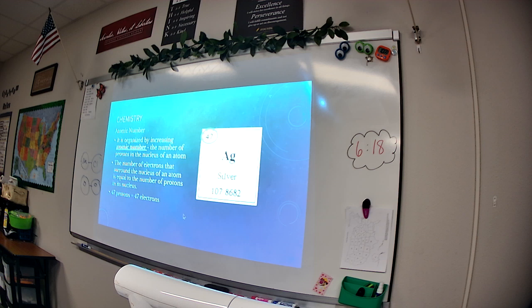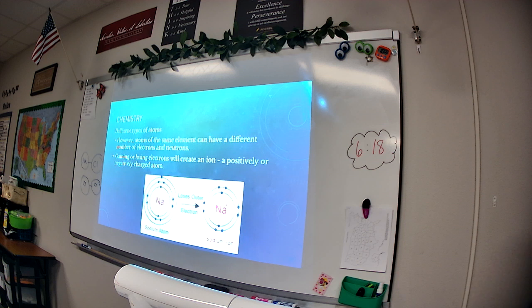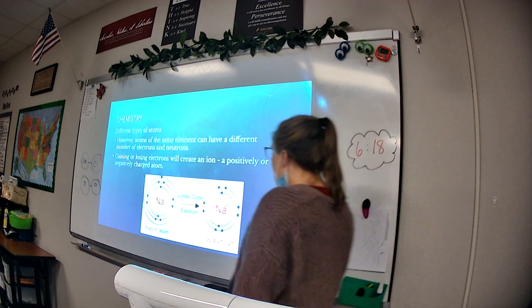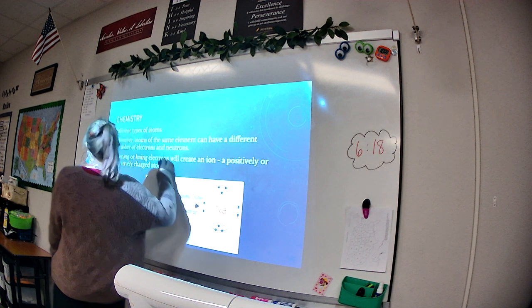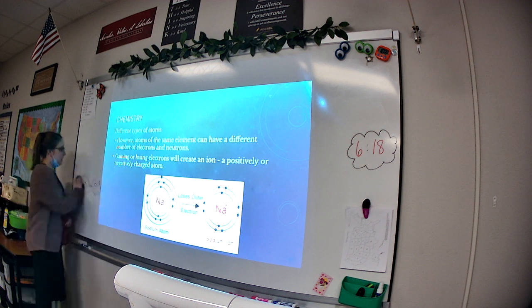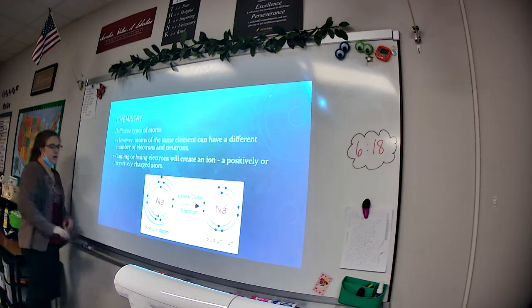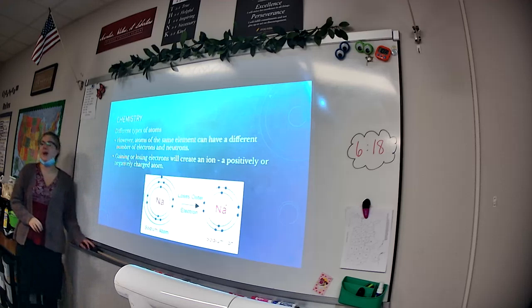We talked about how the table is organized by increasing atomic number. However, today we're going to talk about how you can have the same element, but different types of that element, or different types of the atom.